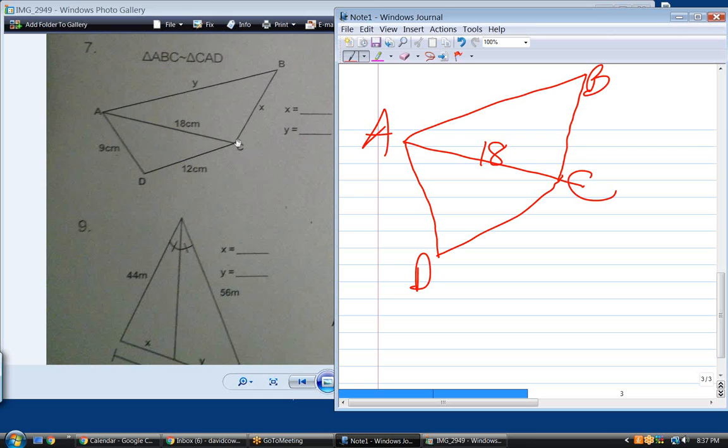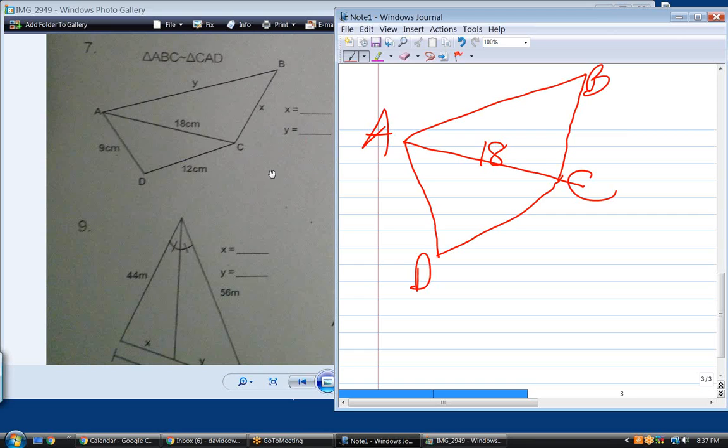In other words, AC is part of both triangles. So if these triangles are similar, the angle opposite the side that's the same has to be equal. Hold on a moment. Think about that logic for a second.